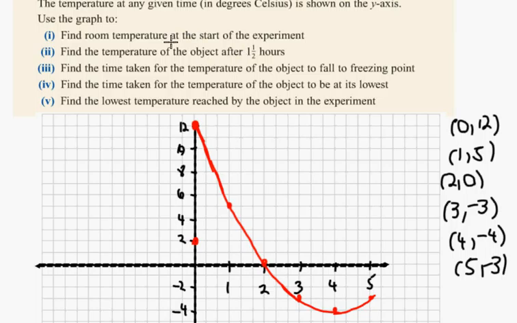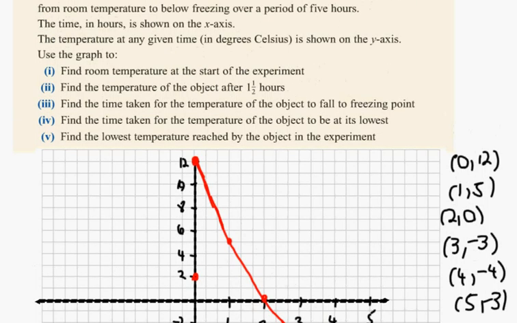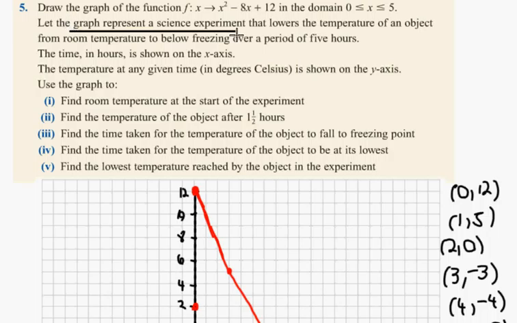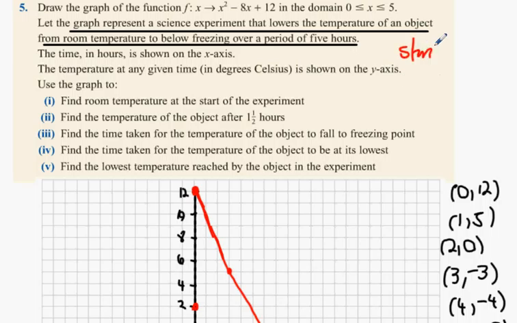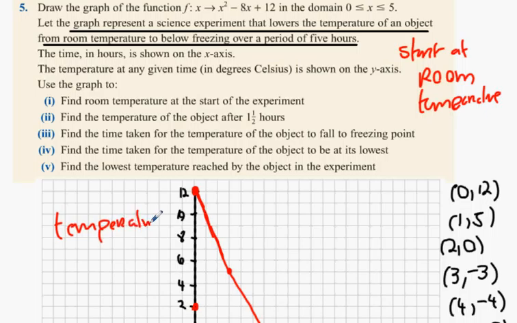Now, find the room temperature at the start of the experiment. So the graph represents a science experiment that lowers the temperature of an object from room temperature to below freezing over a period of 5 hours. So you start at room temperature. So what is room temperature at the very beginning? So this is temperature in degrees Celsius.